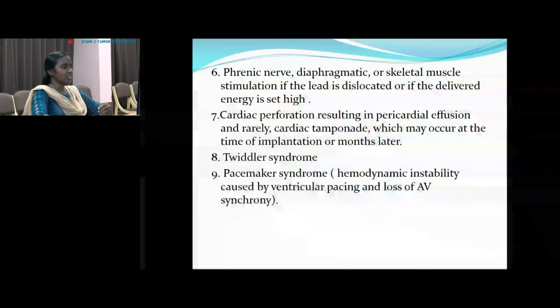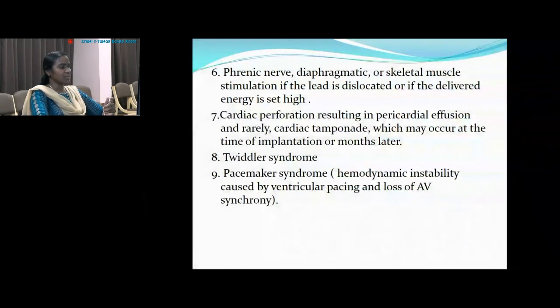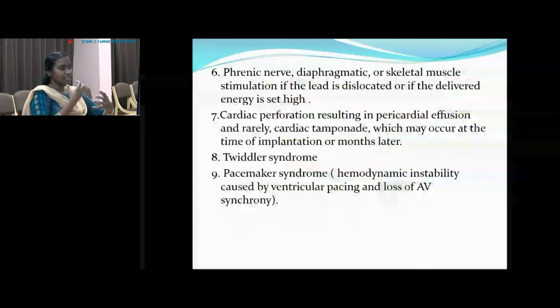And pacemaker syndrome, hemodynamic instability caused by ventricular pacing, or sometimes due to loss of AV synchrony with the pacemaker, where the original electric impulses which develop from the heart lose synchrony and may develop pacemaker syndrome.